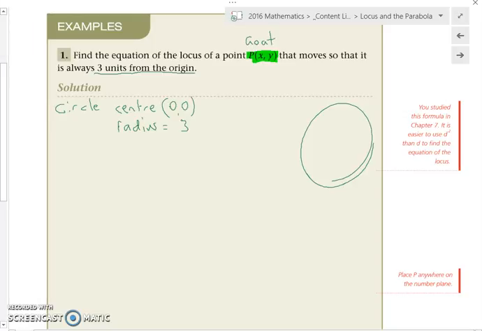I can just write down the equation for that circle. If you can't write down the formula for that circle, then we can use the distance formula. It is a little bit more complicated. If you can recognize that it's a circle, you could write down x squared plus y squared equals 9.